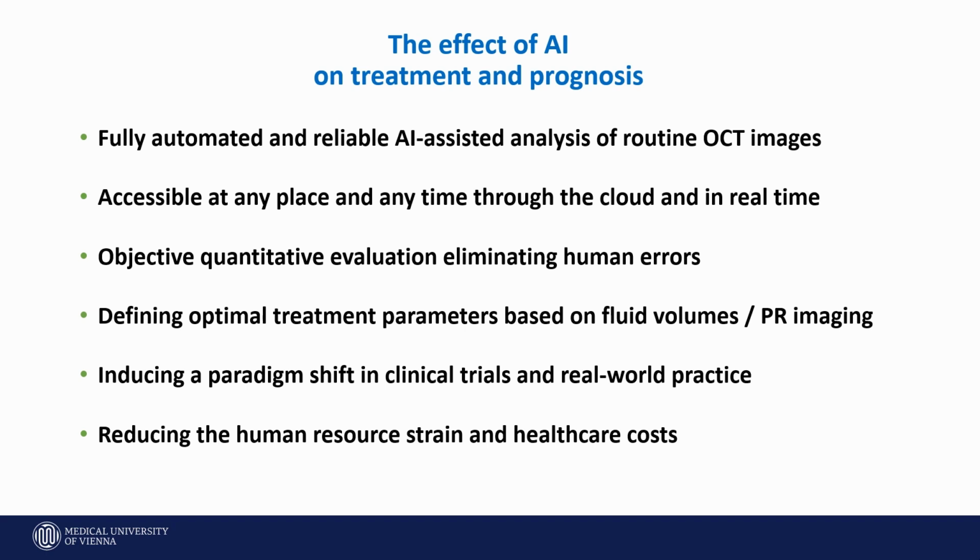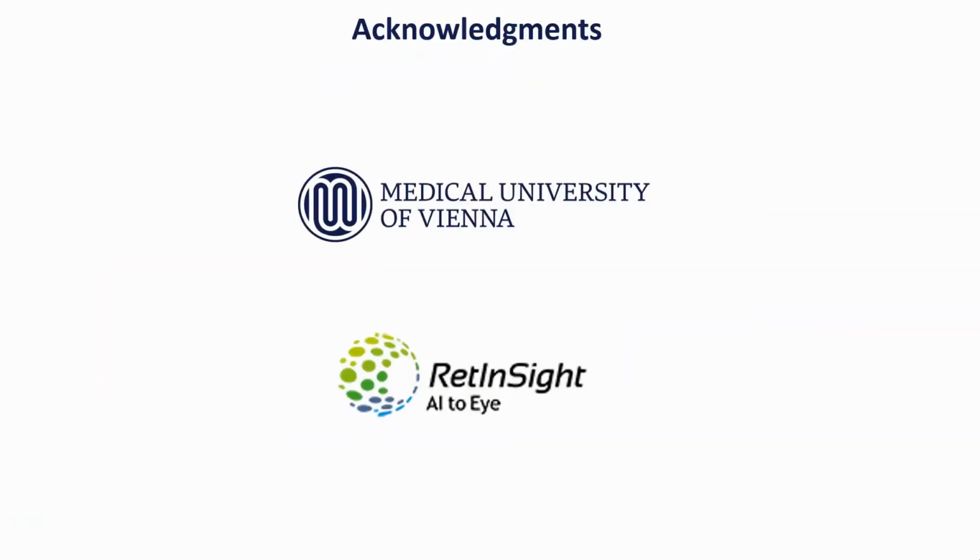They will reduce human errors by objective quantitative evaluation and help us to define optimal treatment parameters based on fluid compartments and volumes and photoreceptor imaging. This will clearly introduce a paradigm shift in clinical trials and real-world practice and help us to reduce the overwhelming human resource strain and costs.